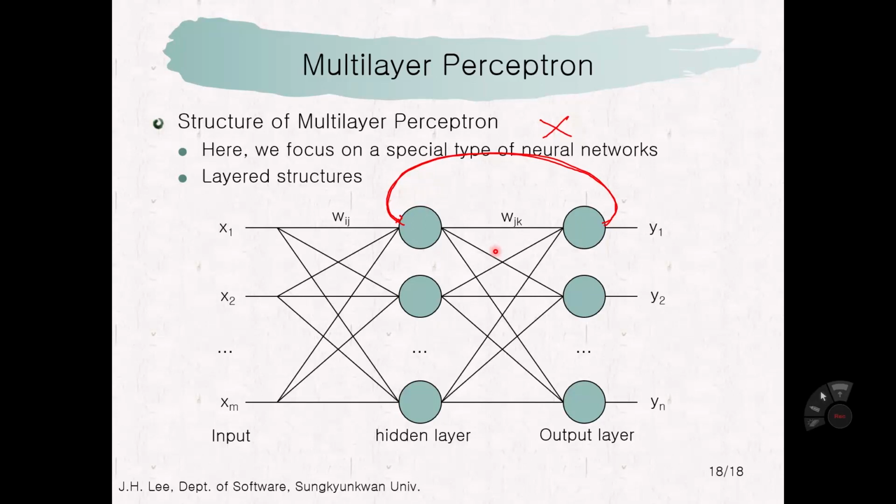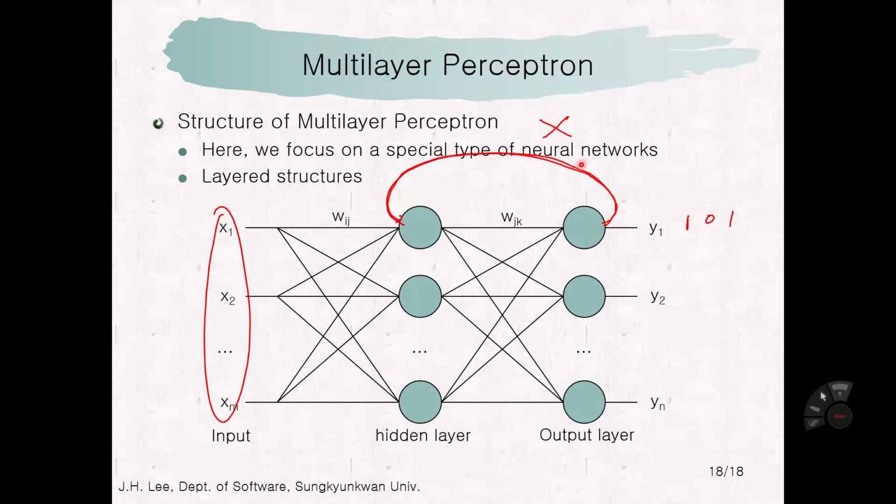Why? Simple. For example, here is the input, and let's say the output is 1, and then the 1 goes back to here, and then it recalculates, and the output may change to 0, right? And then this output 0 may go back to this node, some calculation will be re-performed, and the output may change to 1.